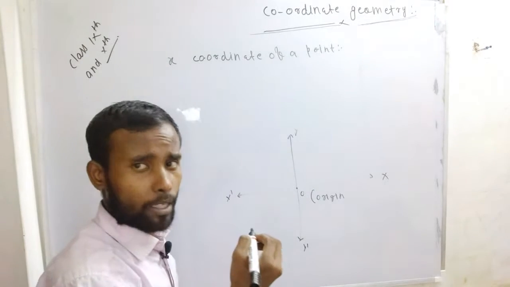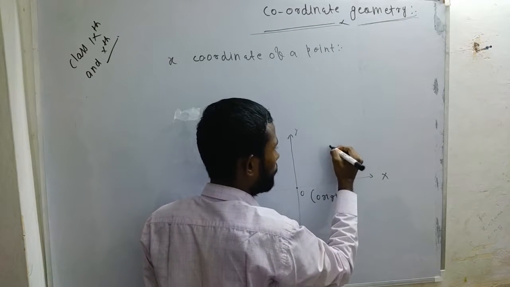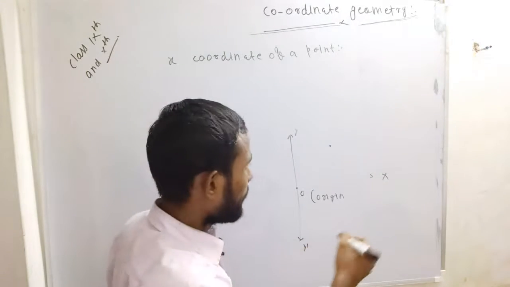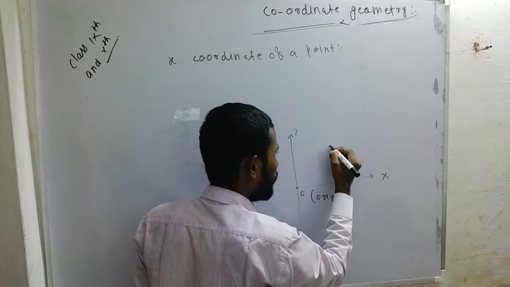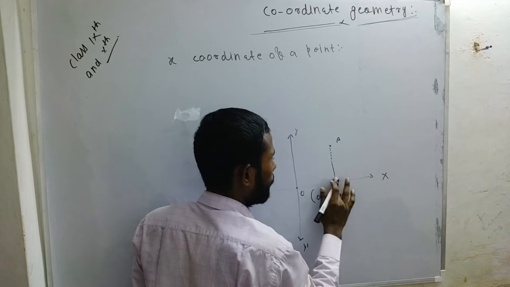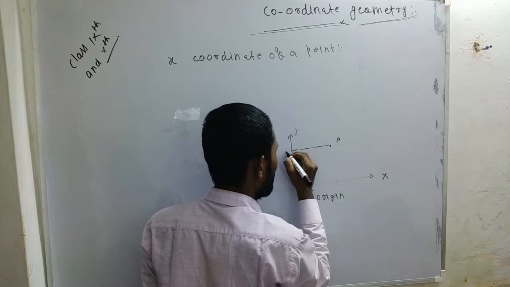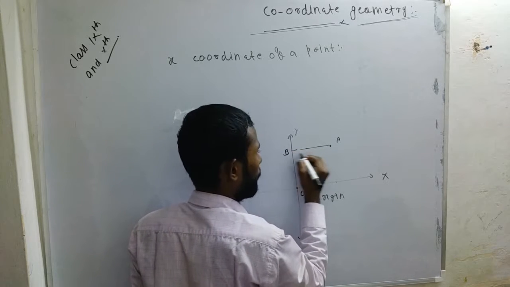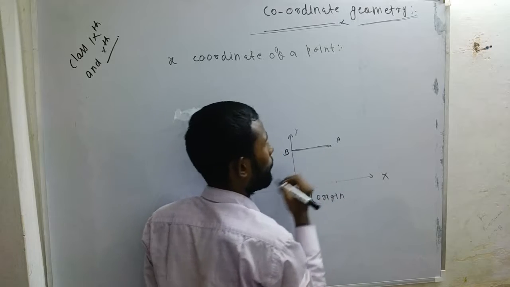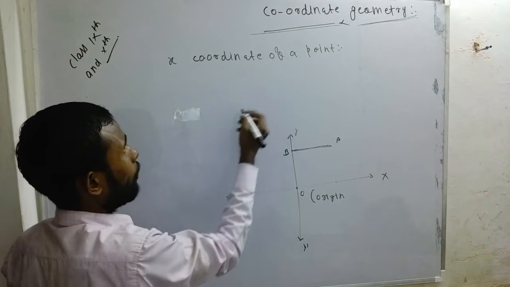What do you mean by x coordinate of a point? Let us take a point in this plane or in this system. If we draw a perpendicular from this point to y axis, this distance AB is called x coordinate.